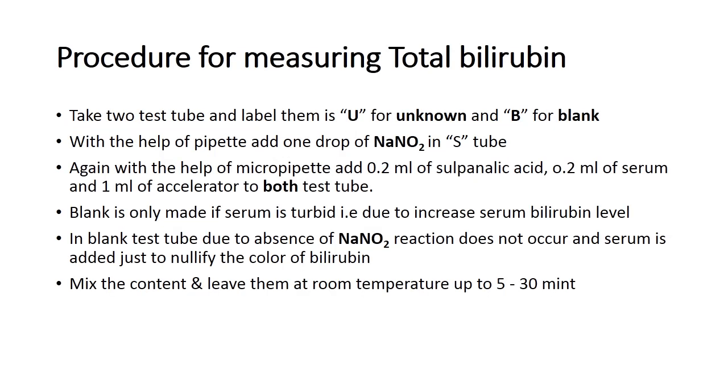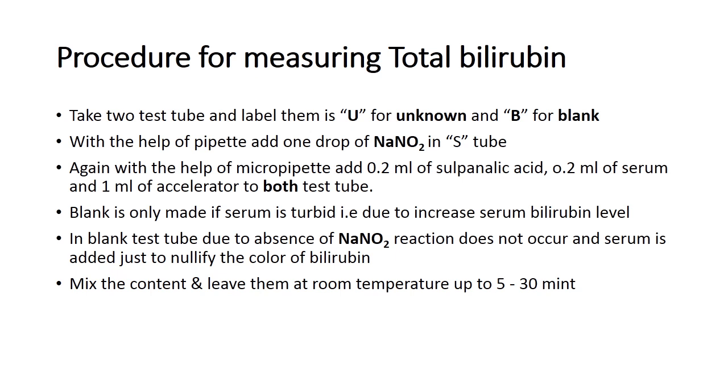Procedure for measuring total bilirubin: we take two test tubes and label them as U for unknown and B for blank. Now with the help of pipette, add 1 drop of sodium nitrite in U tube. Sodium nitrite is only added to U tube.